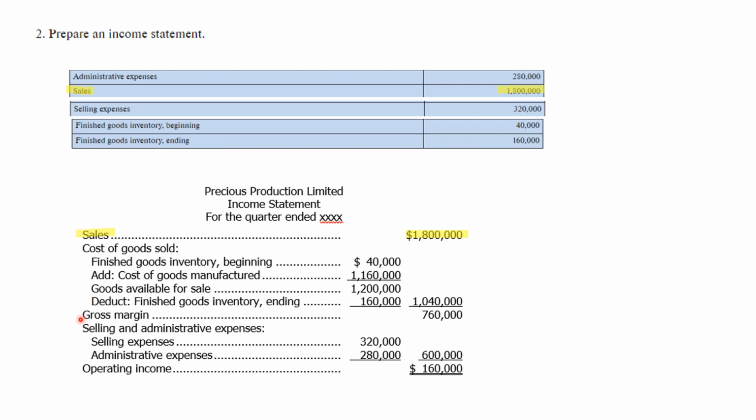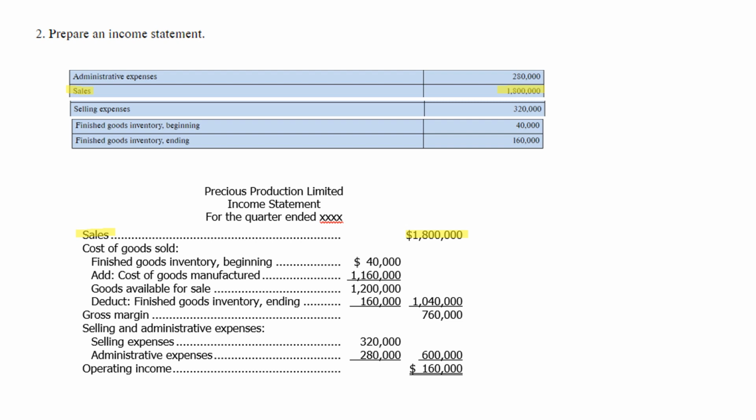So we're saying before we look at any of our other kind of expenses, selling, administrative, and anything, what is the actual money we're just making off of selling our product versus the cost it takes us to produce the product? So to find our cost of goods sold, which we do here in our income statement, which looks a little different than a normal income statement, but they prepared it all together. So our cost of goods sold, to find it, so we need our finished good inventory beginning.